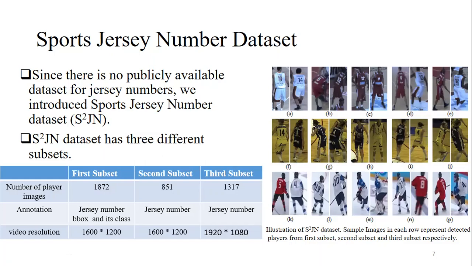The third subset contains 1,317 player images, annotated with jersey numbers and extracted from 1-minute video clips sampled at 5 frames per second.